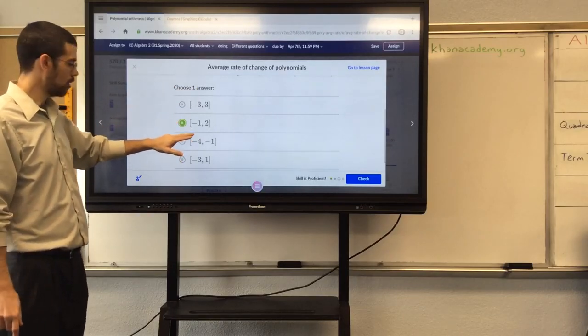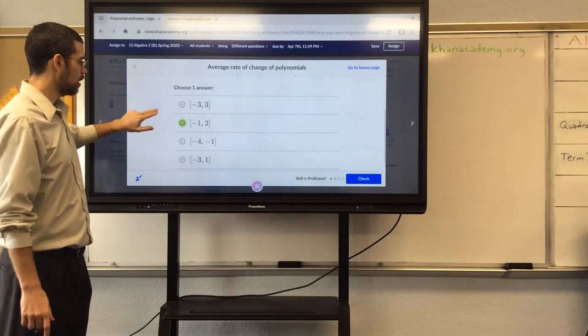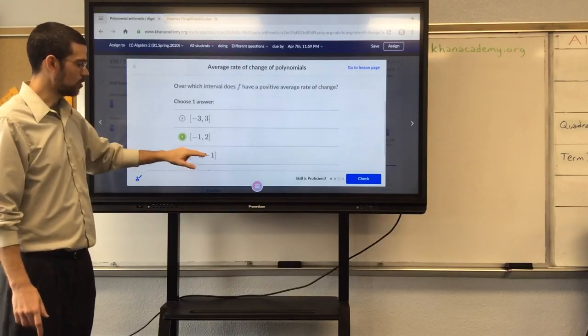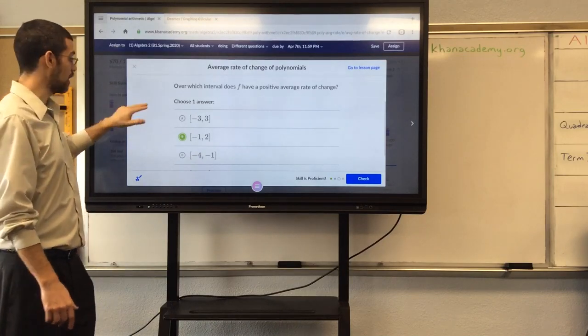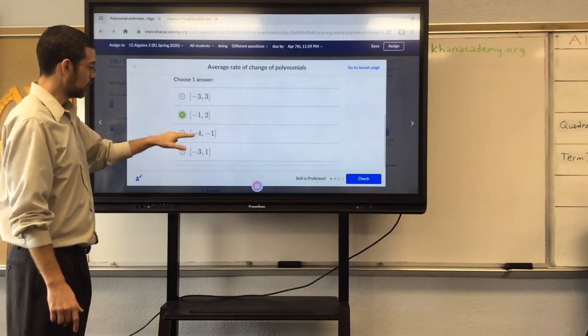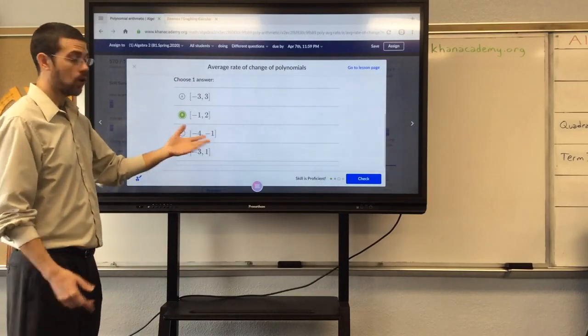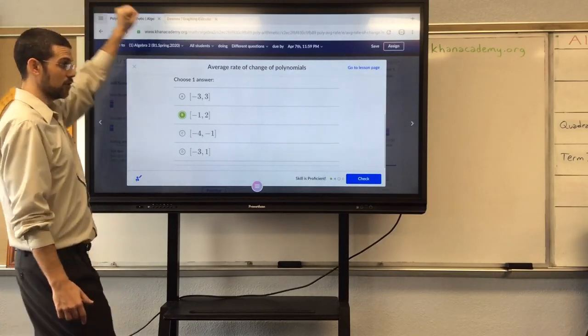Let's confirm that these aren't true, if indeed B is correct. Going from negative 4 to negative 1, negative 4 is on the left side. I'm going to square that and add it to 10. Squaring 4 is more than squaring 1, so my left point is higher than my right point.